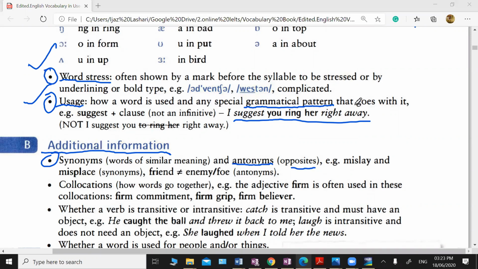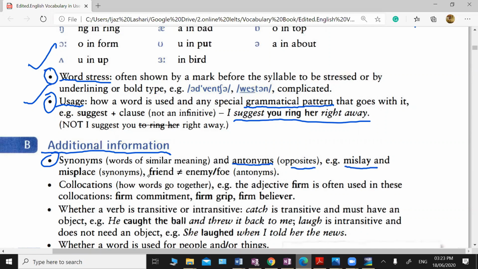Now, for example, mislay and misplace are synonyms; friend, enemy, or foe are antonyms. Mislay and misplace are similar words, words with the same meaning.